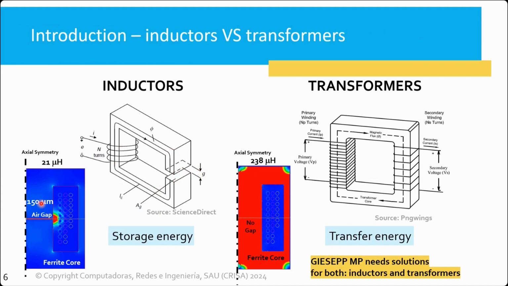It's a separation between the two ferromagnetic parts of the core. And in the transformers, the energy is more homogeneously distributed along the ferromagnetic core. You can also see that transformers have multiple windings, whereas inductors have only one winding.